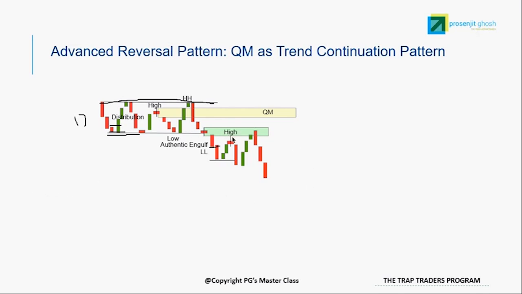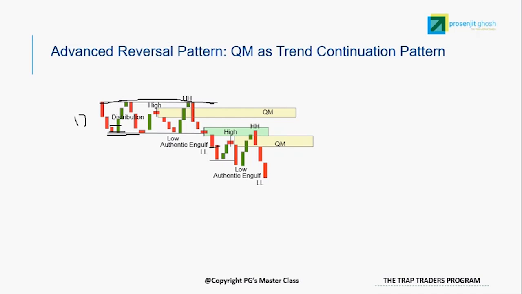Okay, but there is one thing more which has happened in the current market price. Price has created a high, a low, a higher high, and another lower low, and obviously the zone which created the low has also been engulfed. Once that happens, we know price has again created another QM in the chart.